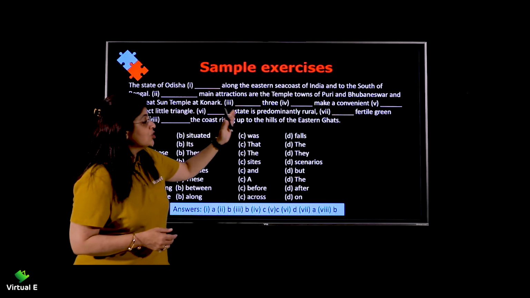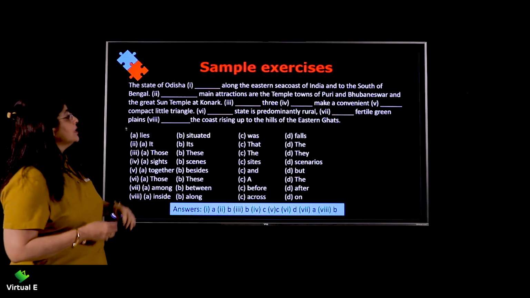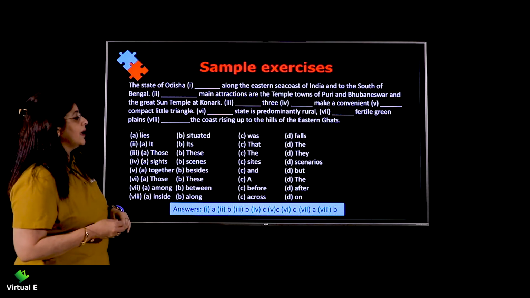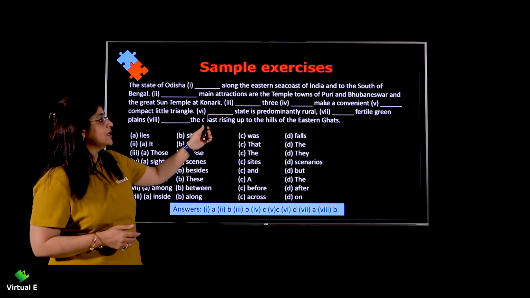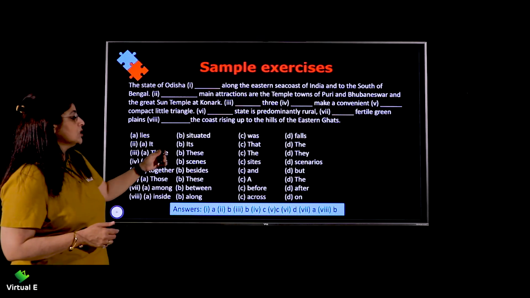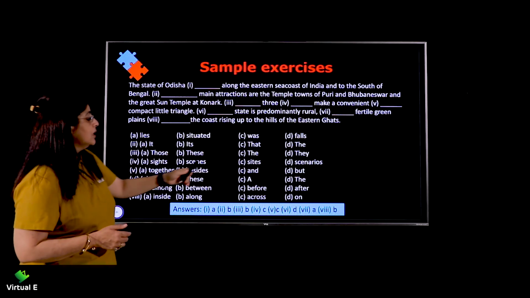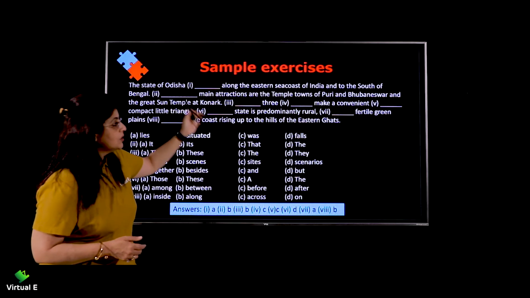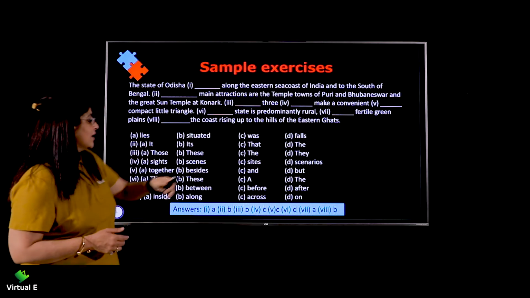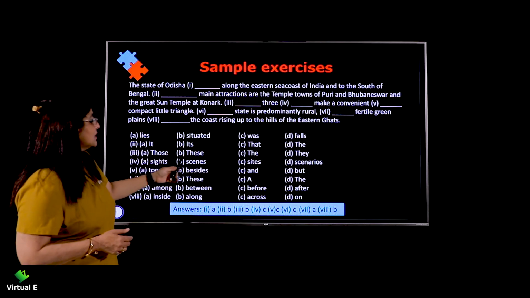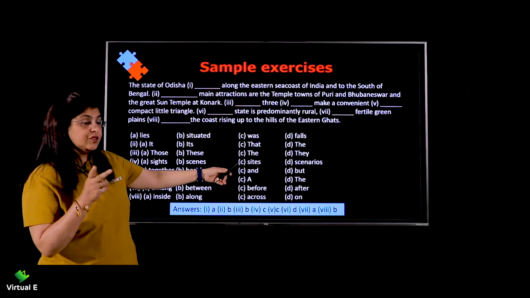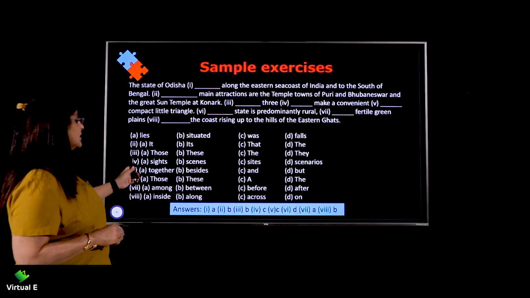Then dash 3 dash make a convenient dash compact little triangle. Now what are the options? Dash 3. So those, these, the or they. Now obviously we are talking about these. So these 3 dash sites, scenes, okay, sites. Now you have 2 different sites and the scenarios.